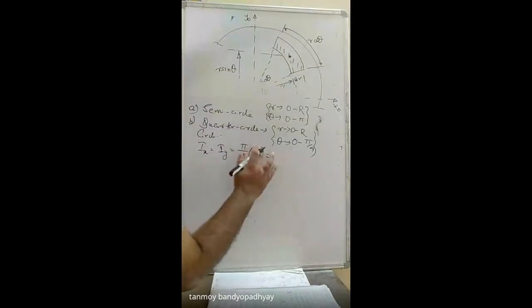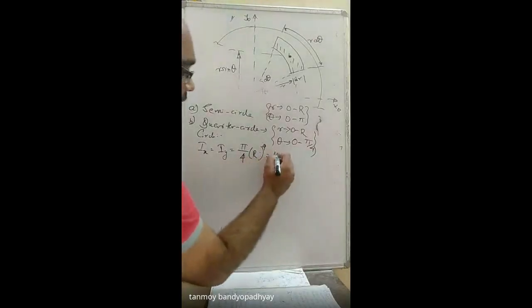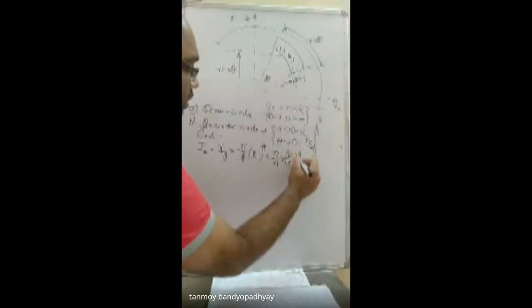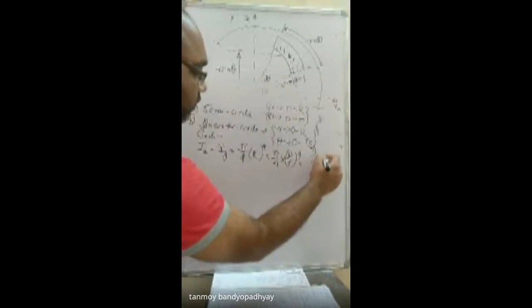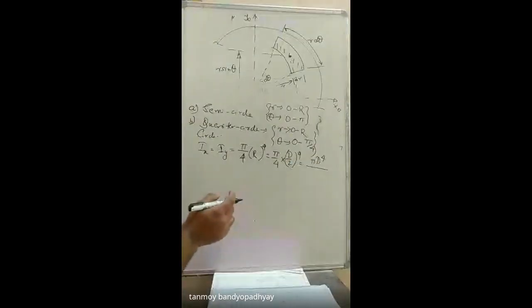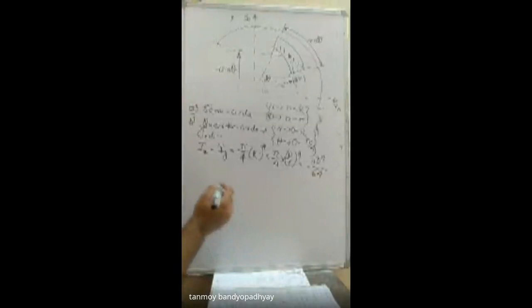Now R is d by 2, so we should have pi by 4 into d by 2 to the power 4. So this is pi d to the power 4 divided by 4 into 2 to the power 4, which is 64. It should be pi by 64 d to the power 4.